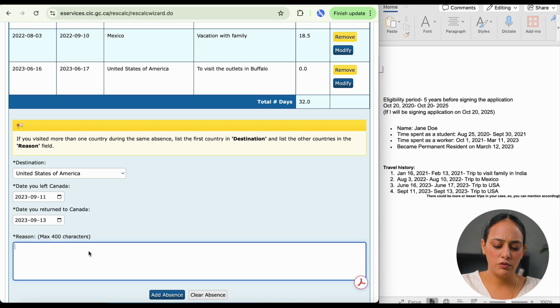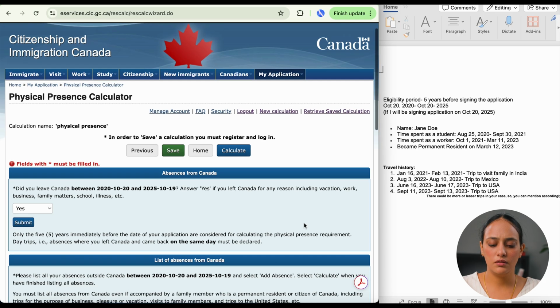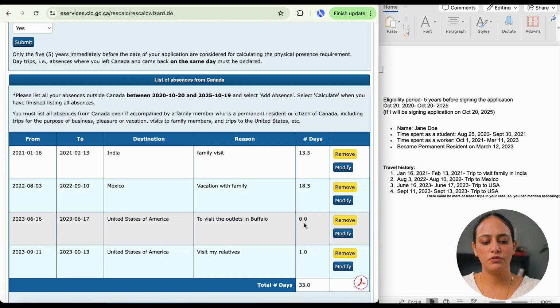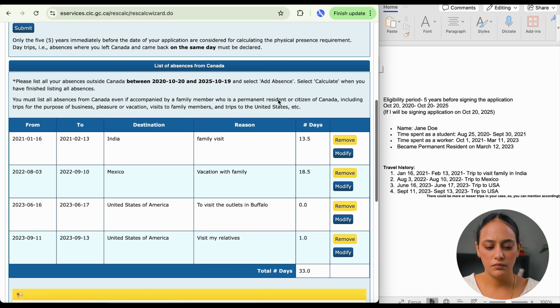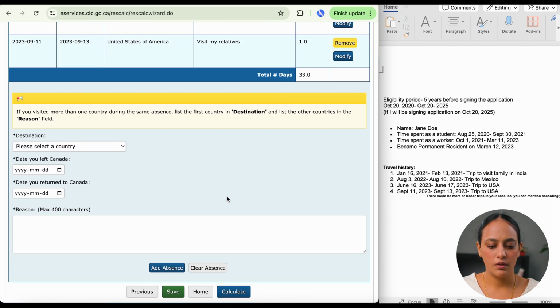And the reason, it was to visit my relatives. Then add absence. So these are all the 4 trips I had. Make sure you mention all the correct dates. It's super important to track every absence. And then hit calculate.